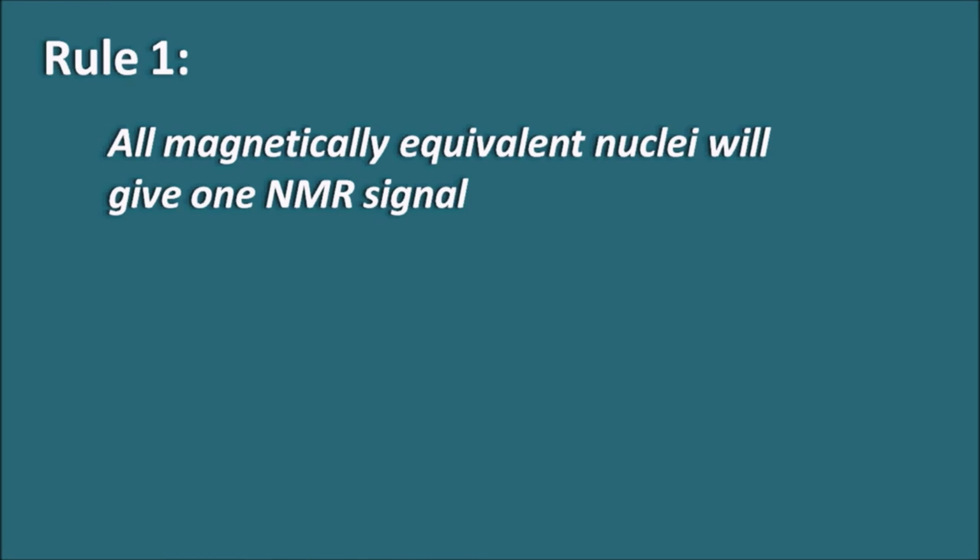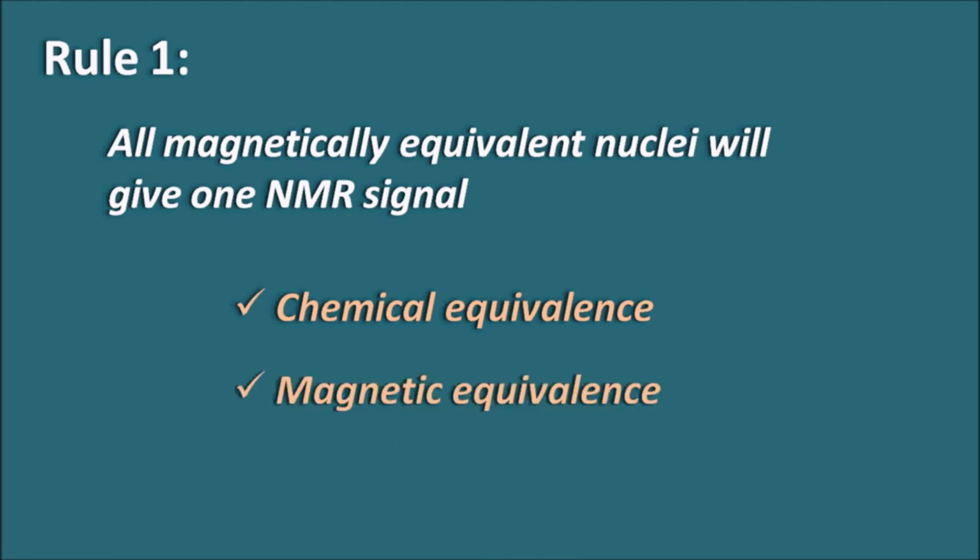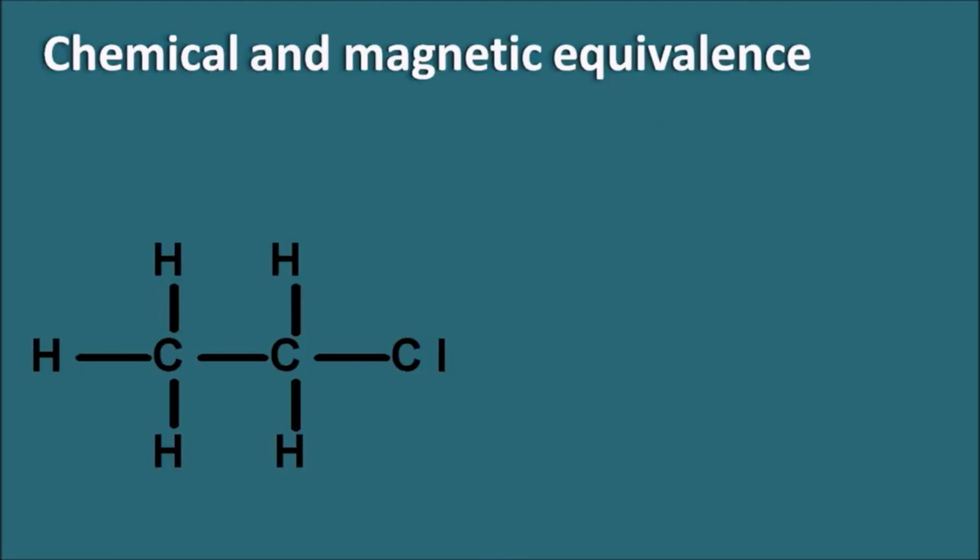In order to understand this rule 1, we have to define what chemical equivalence and magnetic equivalence are. Suppose we have a structure like this and we can observe the protons here. This is one type of proton, this is another proton, and this is another proton. Here all these three protons are connected in a similar way to the carbon, so they are chemically equivalent.